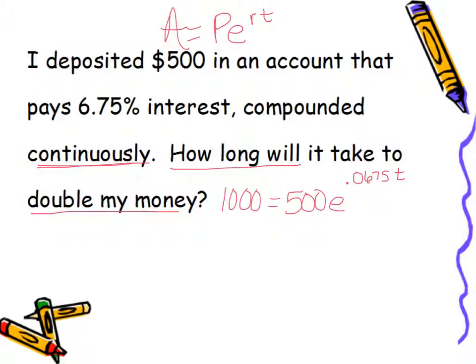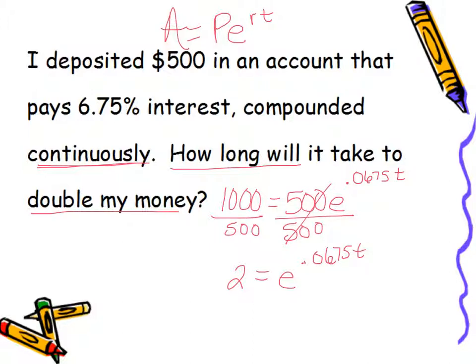Try to isolate that t. Your first step is to divide by the 500. So the 500 goes away. 1,000 divided by 500 is 2, which equals e to the 0.0675t. We've isolated that as best we can.